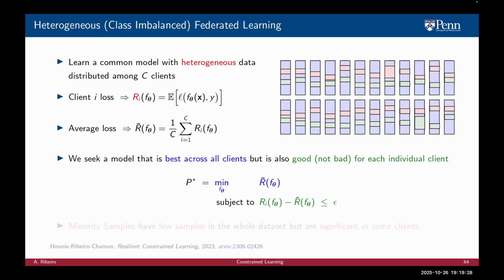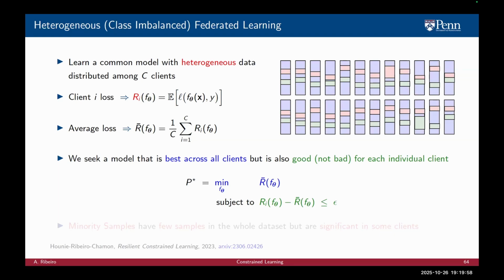An example of this is this idea of heterogeneous federated learning. So here you have a bunch of different customers. They are collaborating to learn something. In principle, by the way, that's another interesting formulation of constraint learning. You could say, I am going to minimize the loss over all my customers. But if I give all of you a good policy, but my policy is terrible for me personally, that's little consolation to me, right?